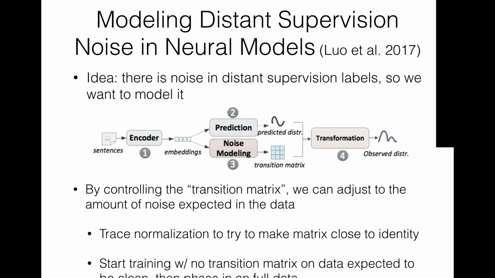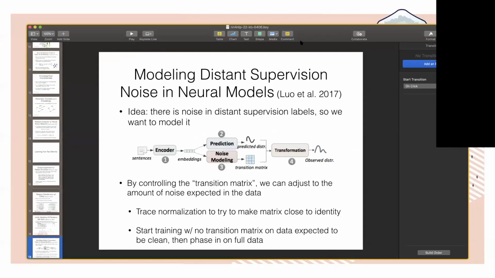But if you expand the training set using distant supervision, those expanded training data contain some label noise. So you would like to transform the predicted relations using a transition matrix to match the observed distribution.